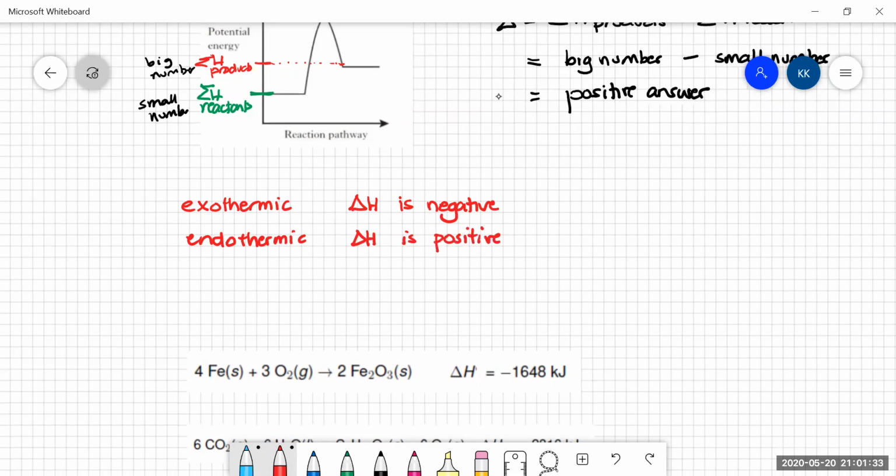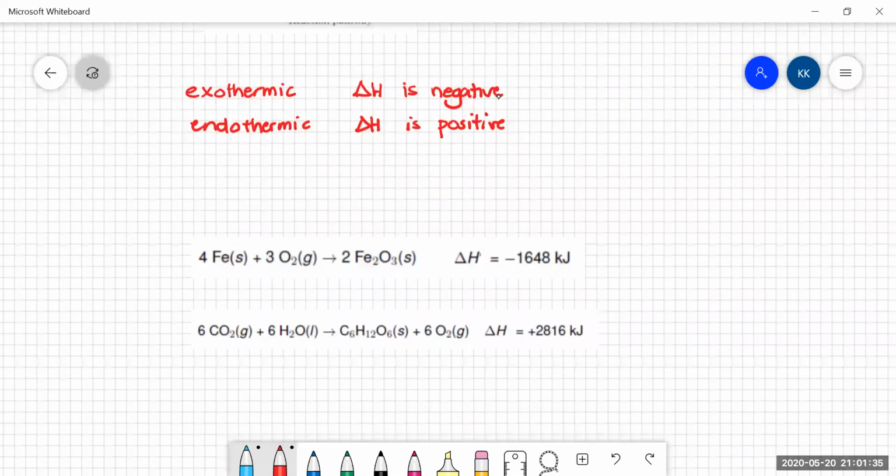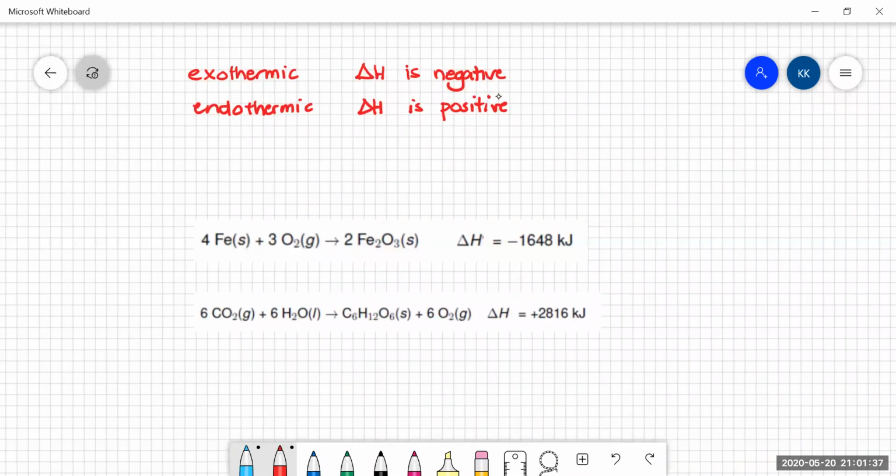Now when we see equations that have delta H values written next to them, we can immediately tell that the reaction is exothermic or endothermic just looking at the sign of delta H. So in our first equation here, iron reacting with oxygen to make iron oxide, we have a negative value. So we know that this is exothermic.